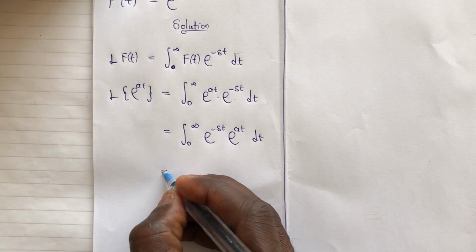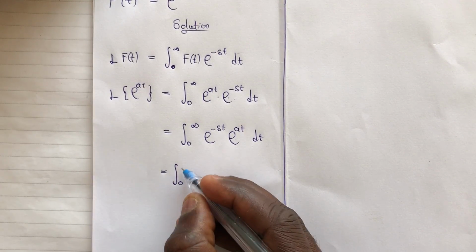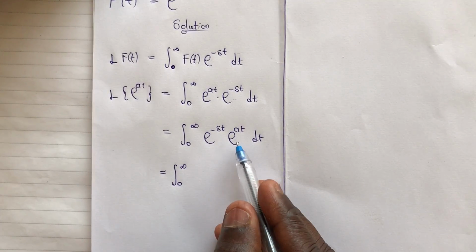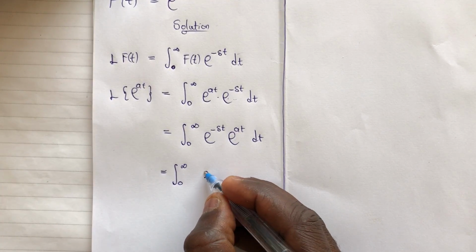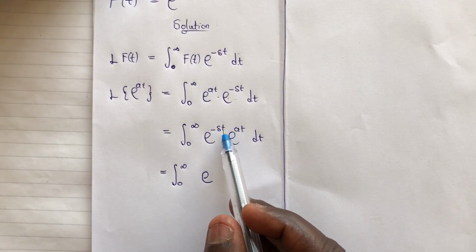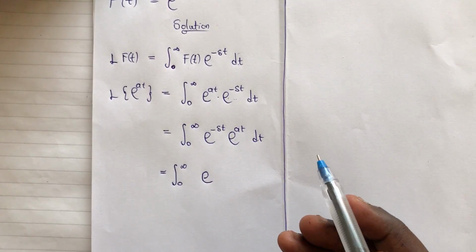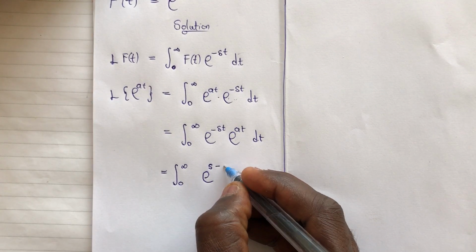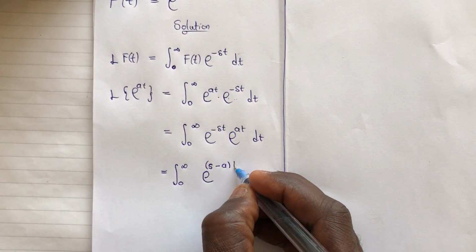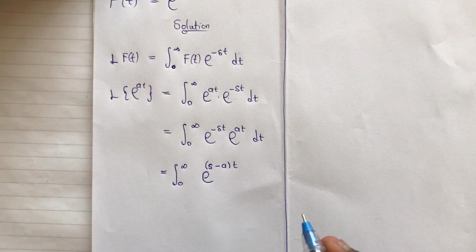So this is the same as the integral from 0 to infinity. Now watch this very carefully. We are taking one of the base, so this is e, then we have t here and t here, so we factorize t out. To do that, we write s minus a in brackets times t. Now I'll bring out a negative one.